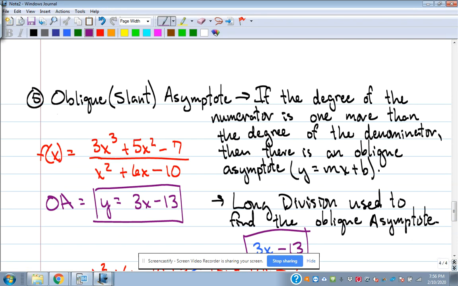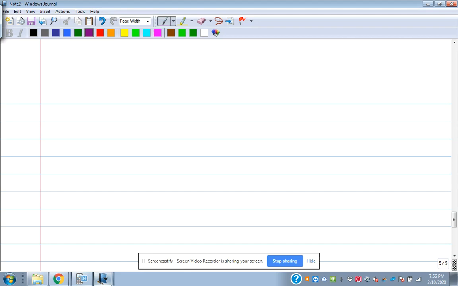Let's look at an example. Okay, look at some examples of this and see if we can build all those pieces to this. So, state the domain.